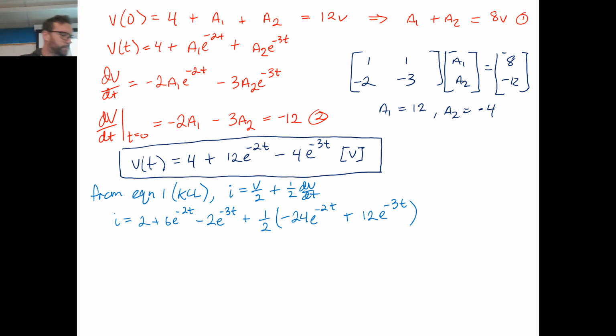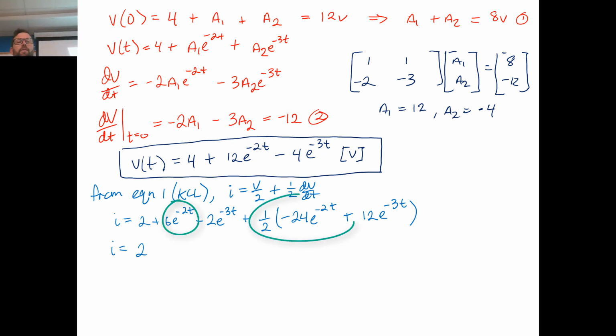And now we factor those terms in here a little bit. We're going to combine and collect terms. So we get a 2 plus, we have a plus 6 right here. And then we've got a minus 24, half of minus 24, right? So that's negative 12.